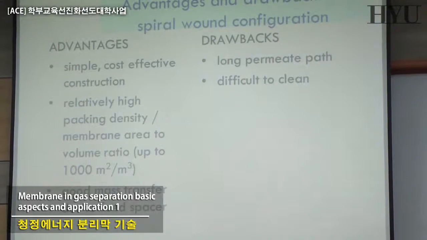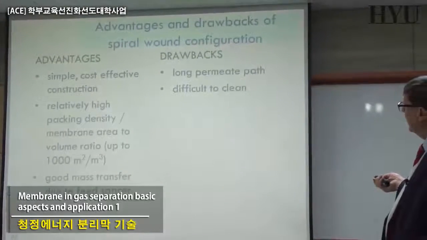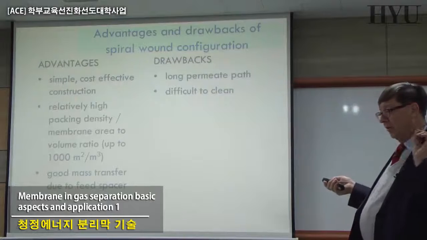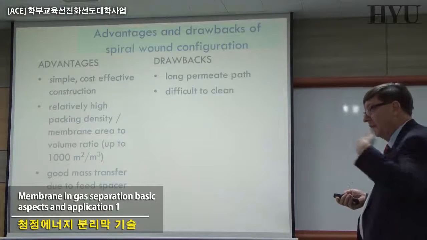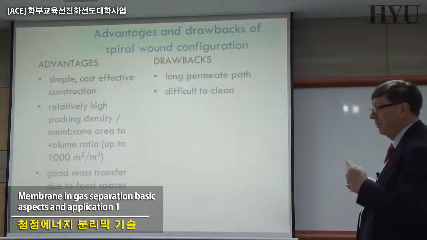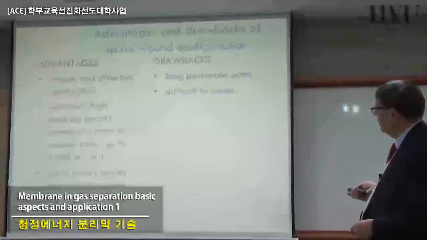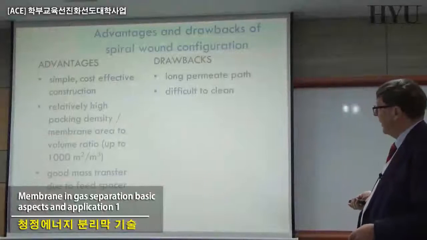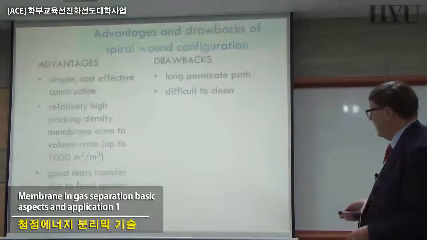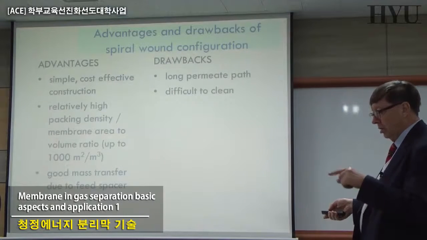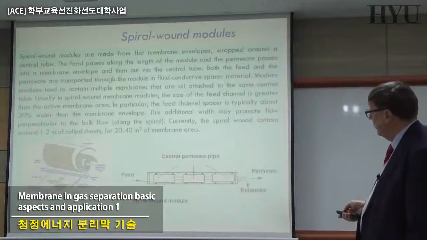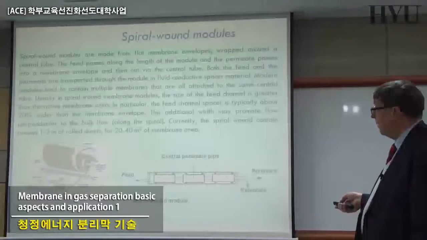Also here, the drawback is sometimes a problem in cleaning, because all this membrane is rolled around the tube, so you can flush through, etc. With this single module it is a little bit more complicated, and back flushing is not easy in this case. Advantages are cost, relatively high packing density, less than the fibers, and it is easy to control the interfacial phenomena, because in this module there is a spacer between the membranes.